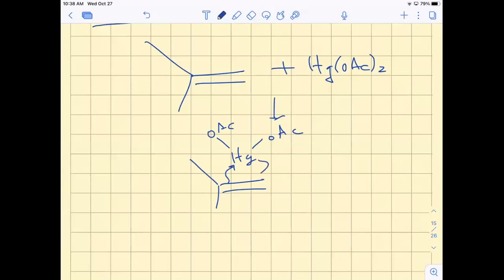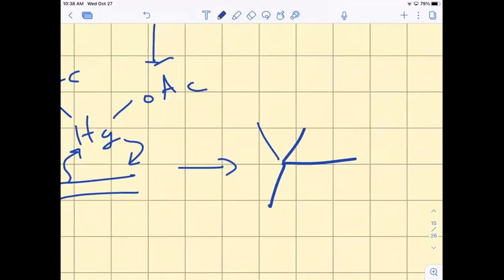And then I'm also going to add here, like that. So I'm going to end up with a 3-membered mercurinium ion intermediate. So that's Hg, and this is OAc.